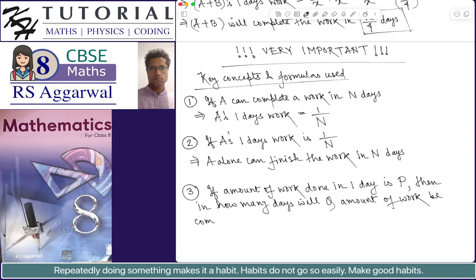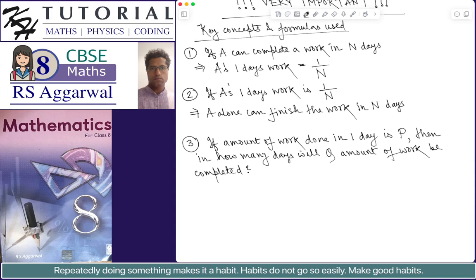This is another important concept that has been used many times in solving problems. So if the amount of work done in one day is P, now this amount of work could be done by a single person or a group of persons. That is irrelevant. That will not matter. So if the amount of work done in one day is P, then we have to find in how many days will Q amount of work be done.